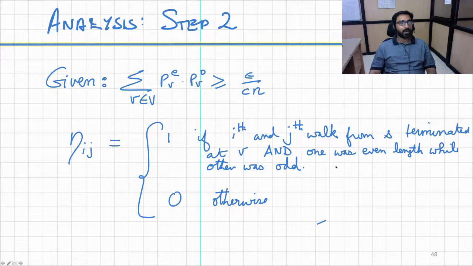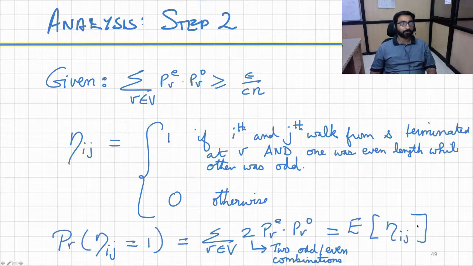So clearly you can see why this indicator random variable is important, because if eta ij is 1, that means we have found a candidate vertex V, which gives us a witness to the fact that there is an odd cycle, and therefore we will be able to reject this graph. Okay, so eta ij takes on the value 1 under that condition, and otherwise it takes on the value 0. So what is the probability that eta ij equal to 1?